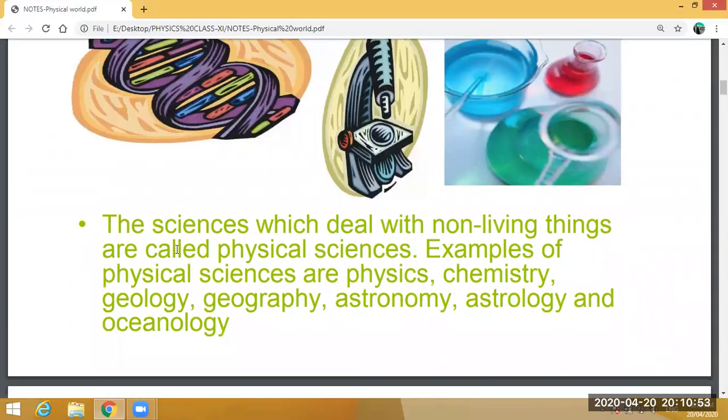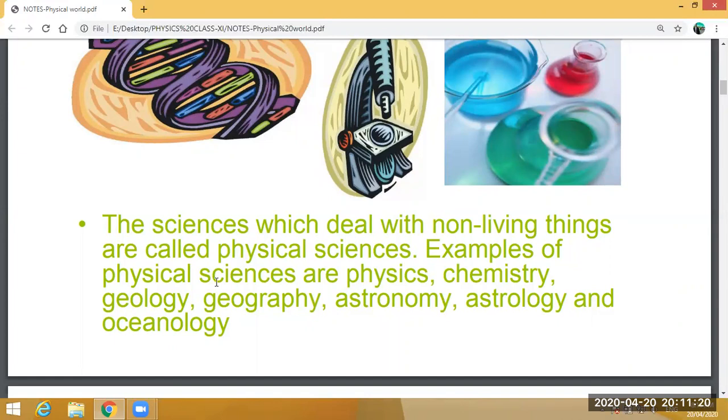Now, science can be subdivided into two subcategories: one is non-living science and another is living science. That is physical science and life science. So science which deals with non-living things is called physical science.